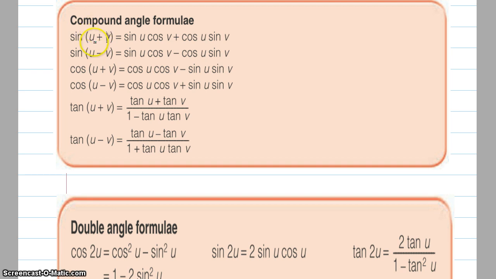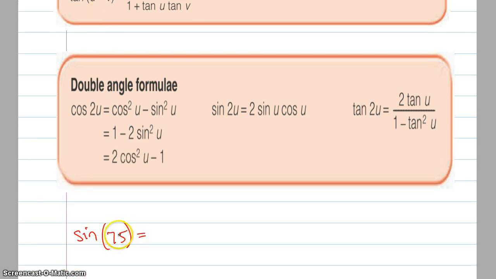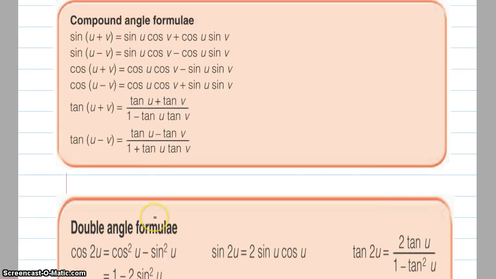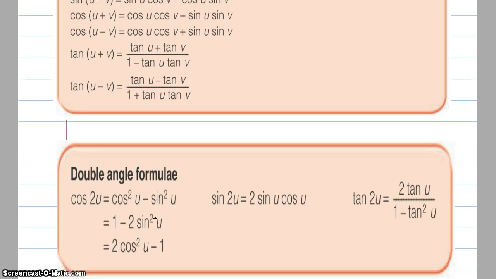I'm going to assume that u plus v equals 75. So u plus v equals 75. I'm going to say that u is 45 and v is 30. So that means that if I use this formula up here, I've got sine u cos v plus cos u sine v.